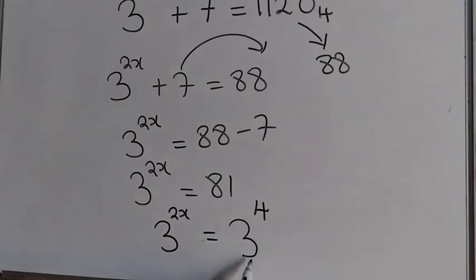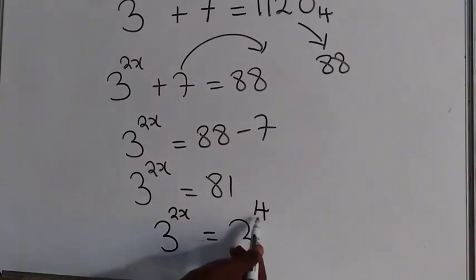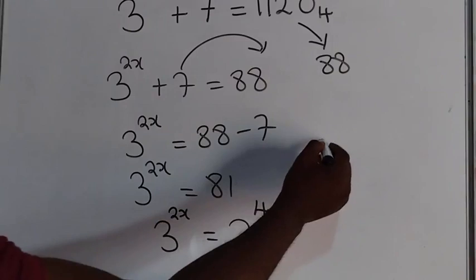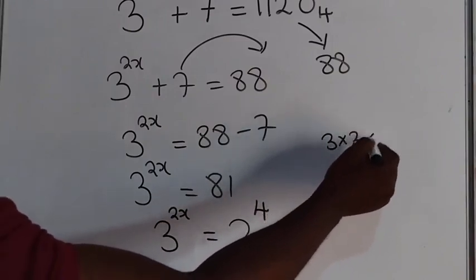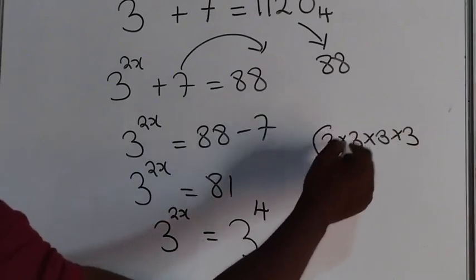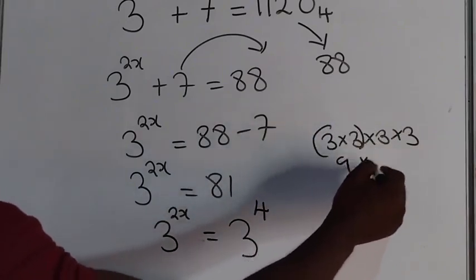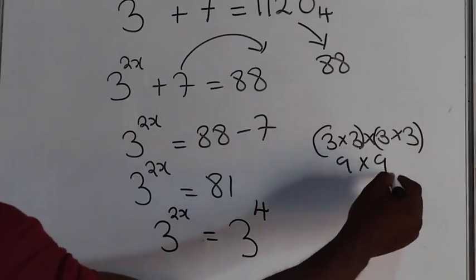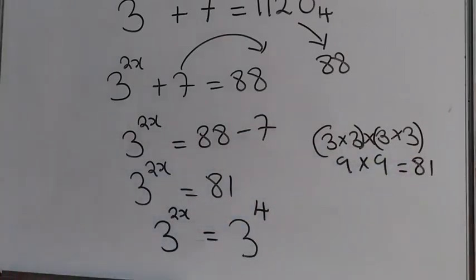Because if you multiply this base 3 by itself 4 times, you're going to get 81, which is 3 times 3 times 3 times 3. The first two give us 9. Again, these two give us 9. 9 times 9 is 81.